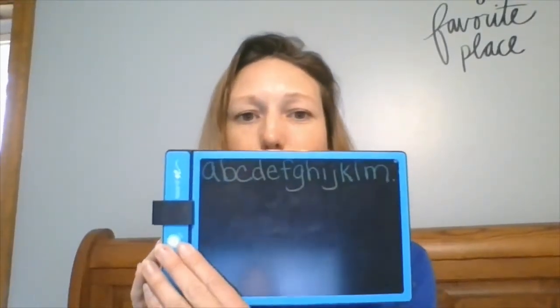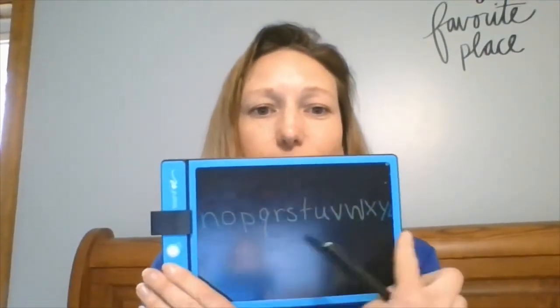So go ahead and start with A. Remember, when you get to M, go to the next line and start with N. And I accidentally erased my first one. There we go. A through M, N through Z.